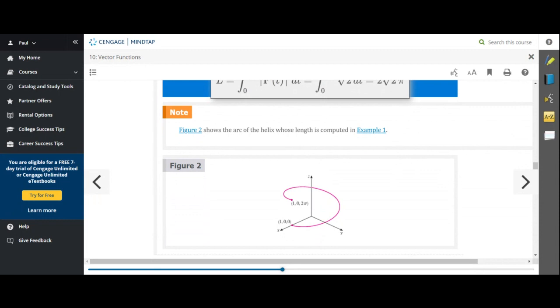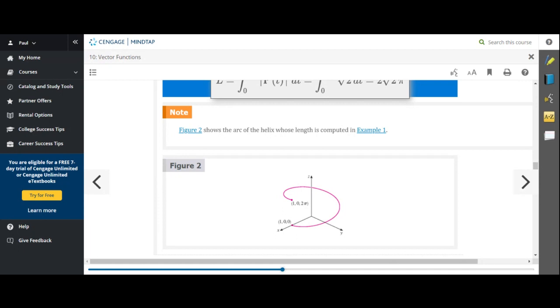A helix is actually a very nice, very famous space curve. It's very important in biology. Why is that important for biology? In chemistry? DNA, that's right, Christopher. DNA is composed of helices. So, how long is the helix?